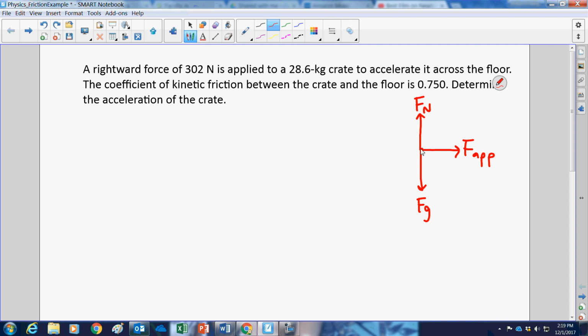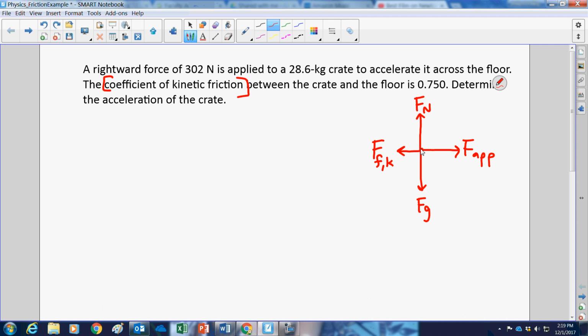And then because they're giving us information about kinetic friction, then we know there is some. So let's just draw an arrow that's smaller than the applied force, and I'm labeling that force of friction, comma, kinetic, because that's the type of friction we have here because the crate is moving.